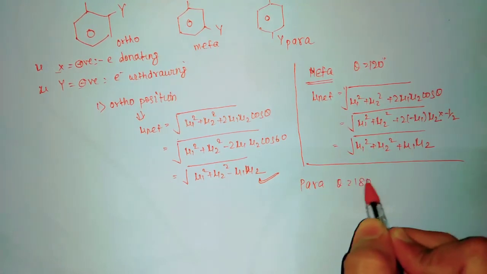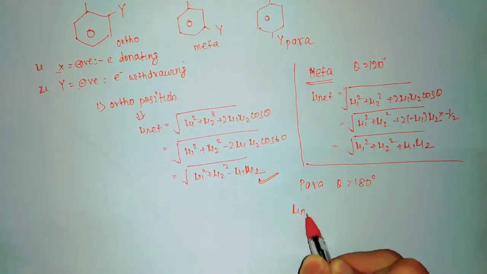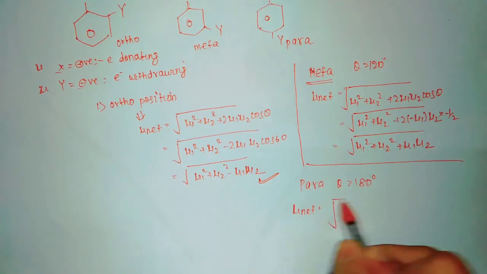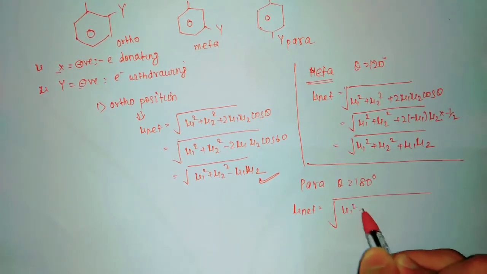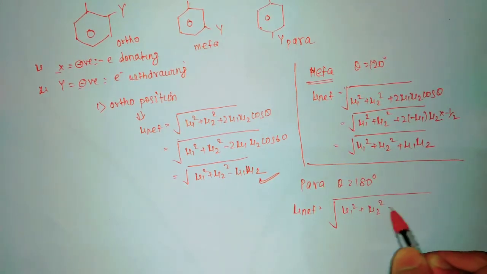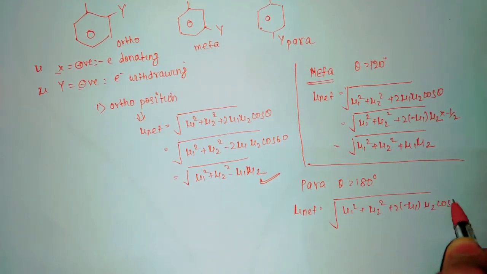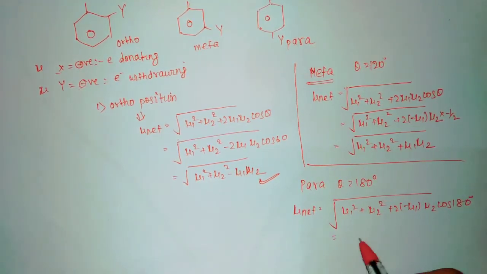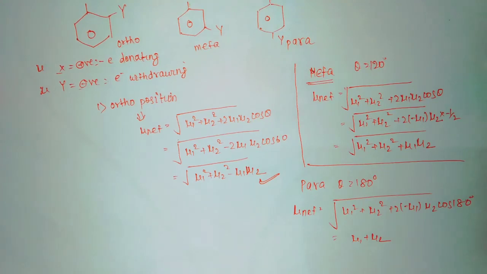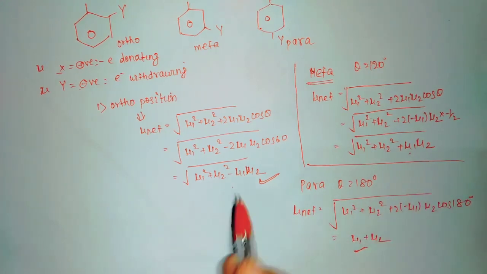Theta 180 degrees. Mu net is under root of mu1 square plus mu2 square plus 2 into minus mu1 into mu2 cos 180 degrees, which means mu1 plus mu2. So we conclude that in the para position dipole moment is maximum, then meta, then ortho.